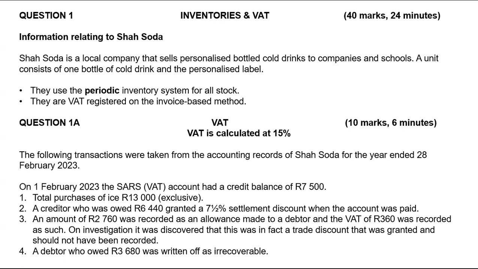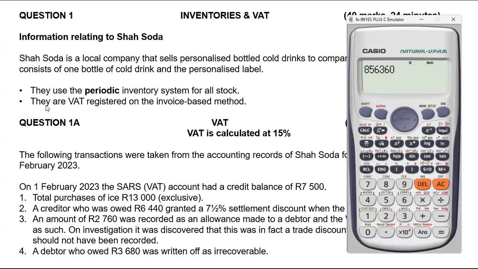And that was wrong. We were not supposed to have calculated VAT on 6,440. We were supposed to have calculated it on 6,440 less the 7.5%. So basically, we were supposed to have calculated VAT on this value, which is our VAT input. Our VAT input was supposed to have been on this value.